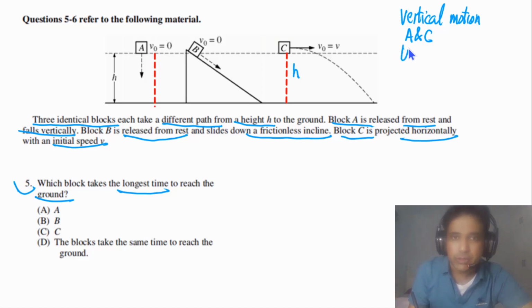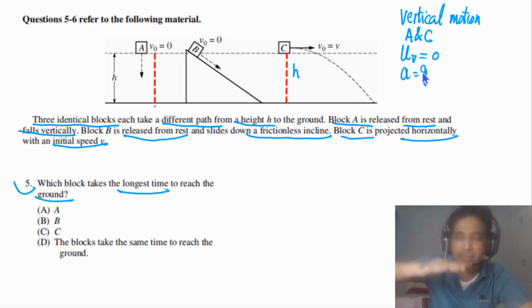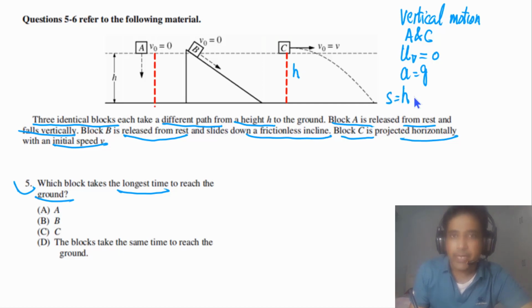So the initial vertical velocity for these two blocks is equal to 0, and the vertical acceleration is equal to g, because the only force acting along the vertical is the force of gravity. The vertical displacement is h, so we can find the time taken from this point to the ground.